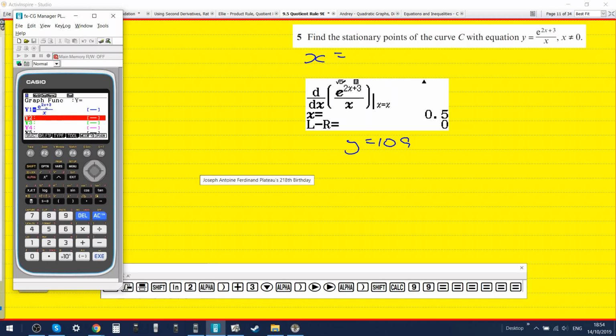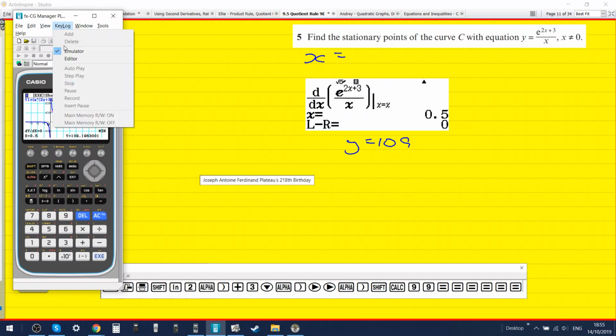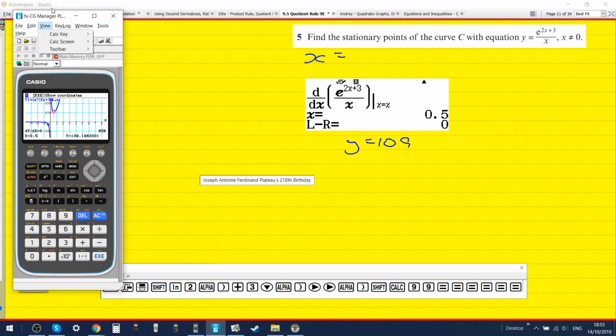So this is what it looks like on mine. Did you do draw? And did you do shift, graphical solve? Yeah, in this case, minimum. I'm using the same one as you.